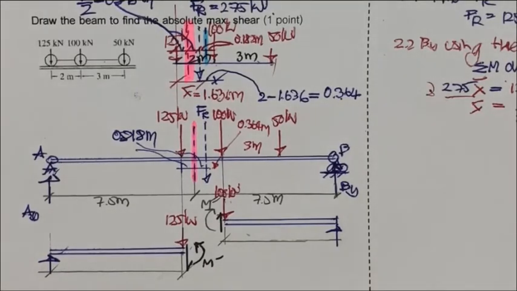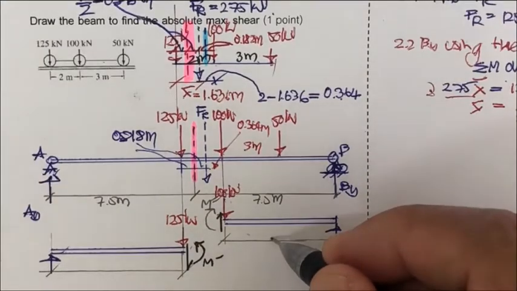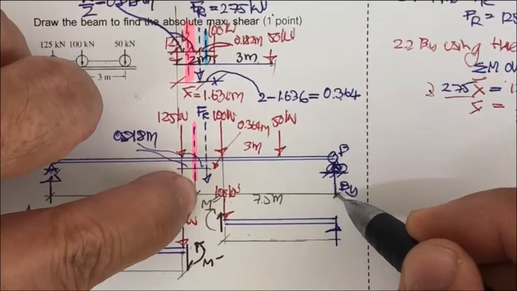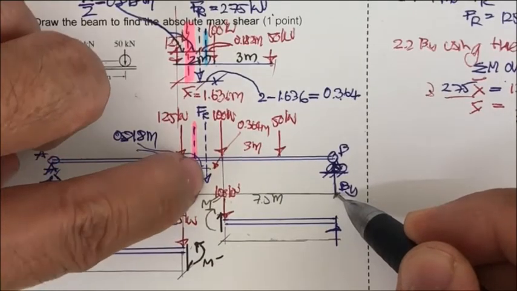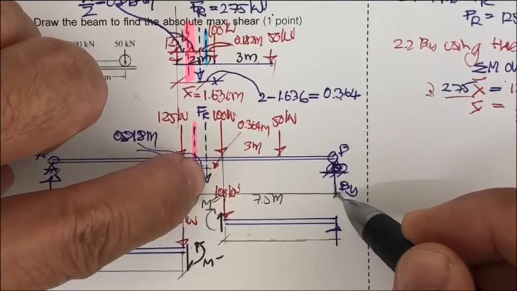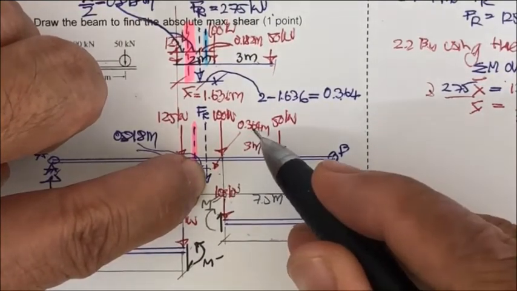And what we have now is, what is this distance? This distance is going to be 7.5, and then minus 0.818, and then minus 0.364.